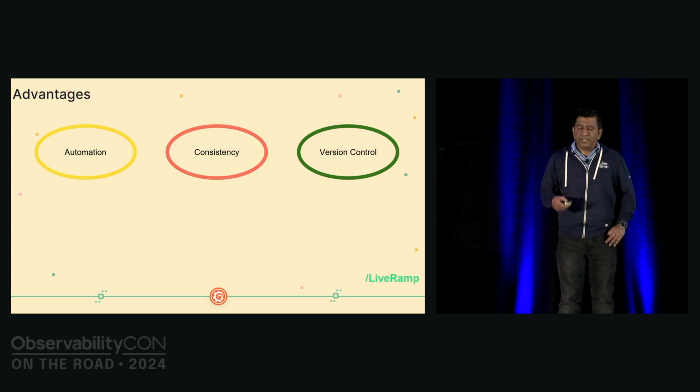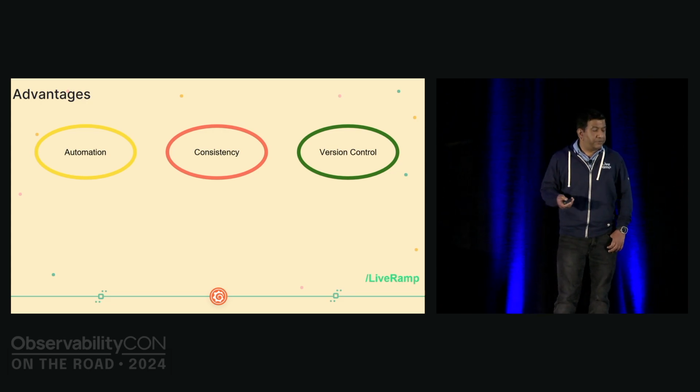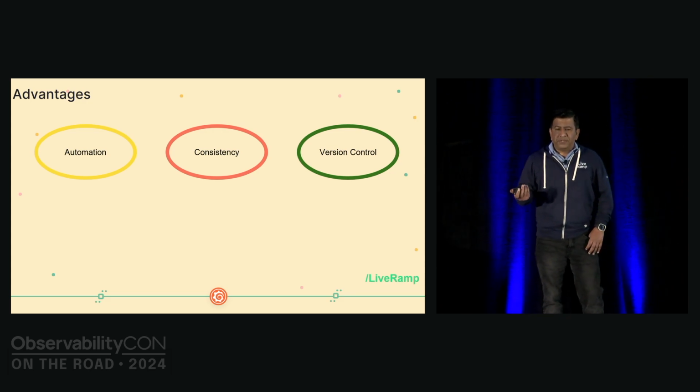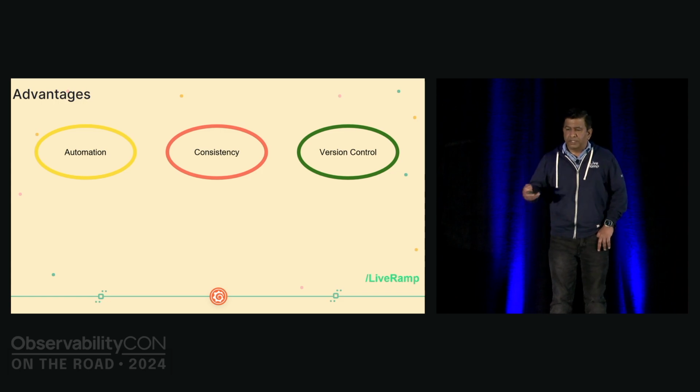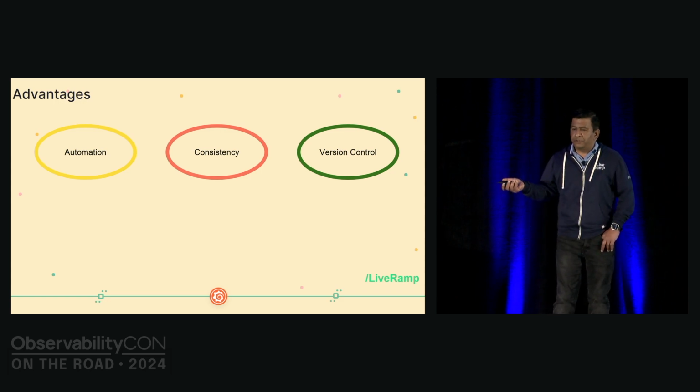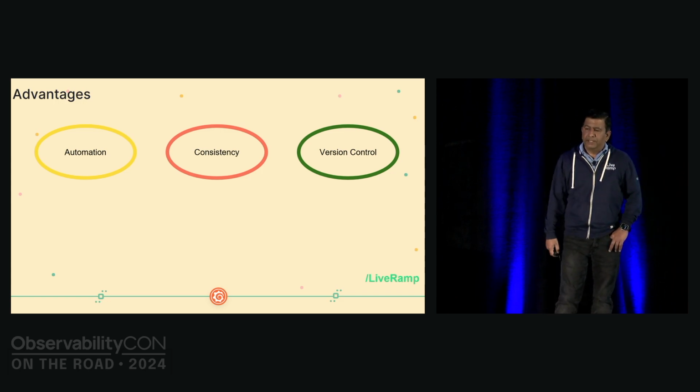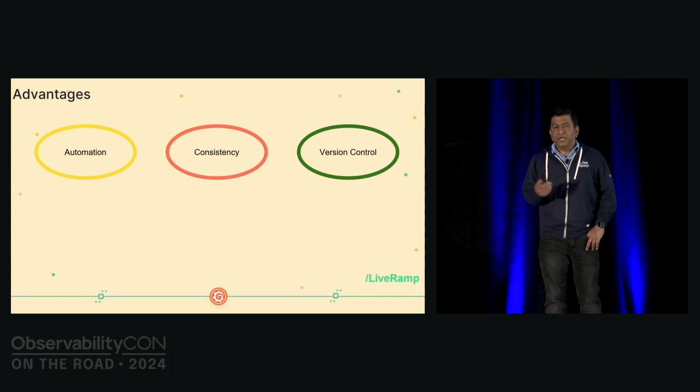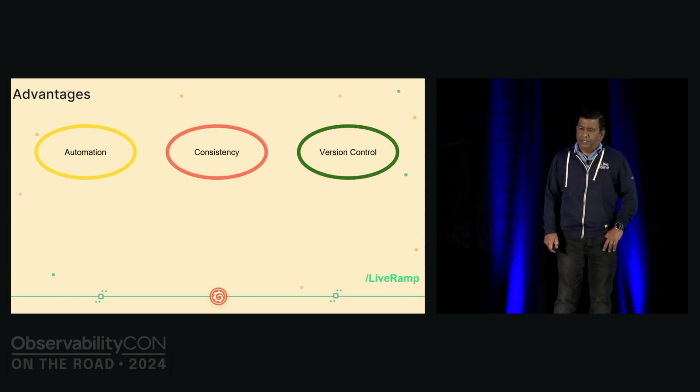This provides a historical record of changes, and in case you want to move back to the previous configuration, you can do that. It also helps in tracking who made the changes and when they made them.